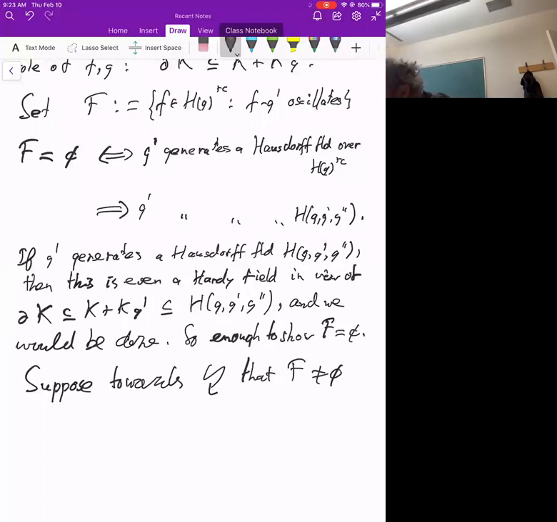And now we simply take one that is of minimal degree, right? These elements of capital F are algebraic over H, g and therefore over K.